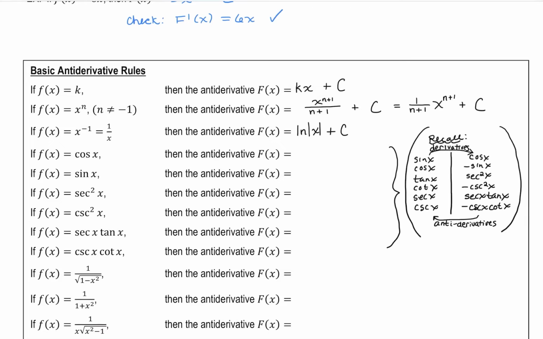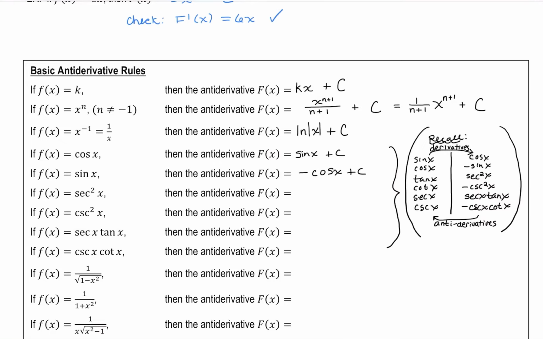The antiderivative of cosine, going from the right to the left, is going to be sine of x plus c. The antiderivative of minus sine x is equal to cosine, and a constant multiple essentially is going to get carried along. So this is going to give you the opposite of cosine of x.